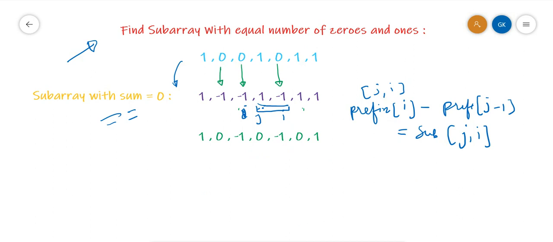So we arrived at one condition: if an element got repeated in the prefix sum, there exists a subarray from j to I which is having subarray sum equal to 0.